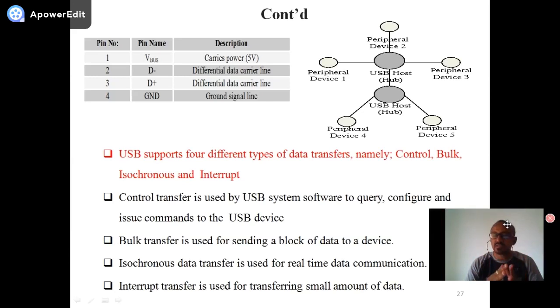Bulk transfer is used for sending a bulk of data to the devices, isochronous data transfer is used for real-time data communication, and interrupt transfer is used for transmitting a small amount of data.